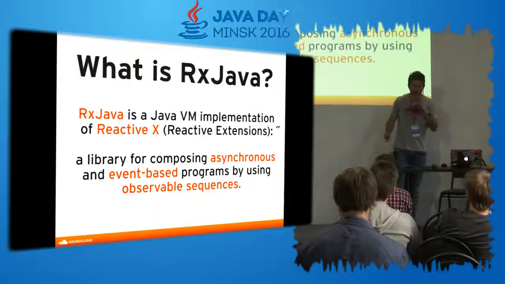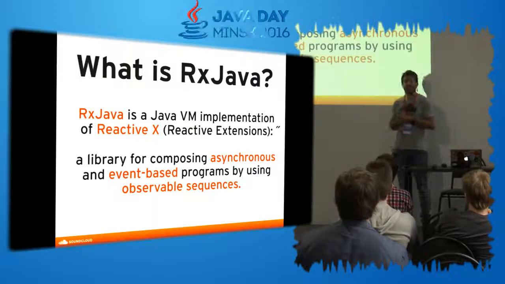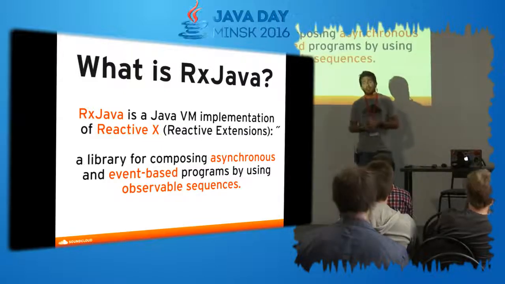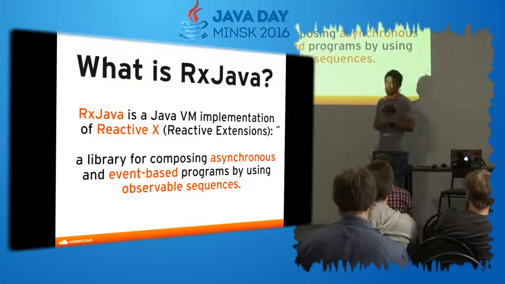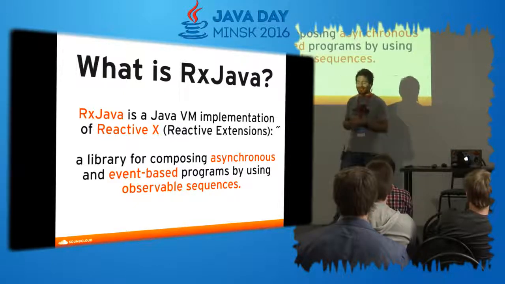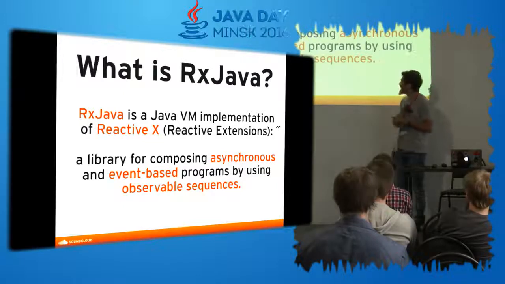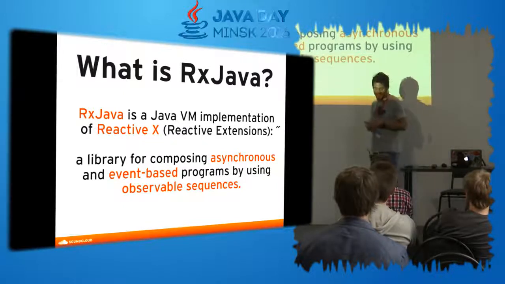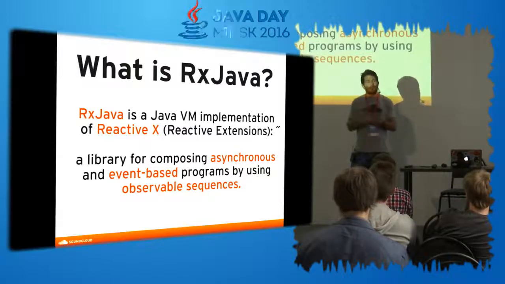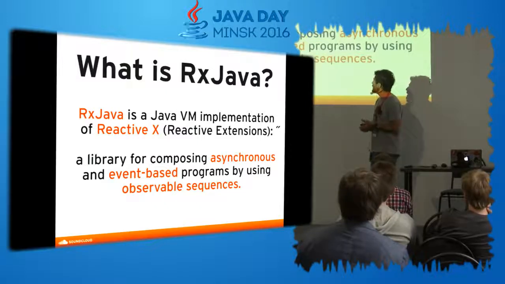So what is RxJava in general? RxJava is a JVM implementation of what is called reactive extensions. These reactive extensions were built by Microsoft, surprisingly. Sorry, Microsoft. And it was created by Erik Meijer originally. So there were some ports of those reactive extensions since they were pretty useful, and we will see here why.